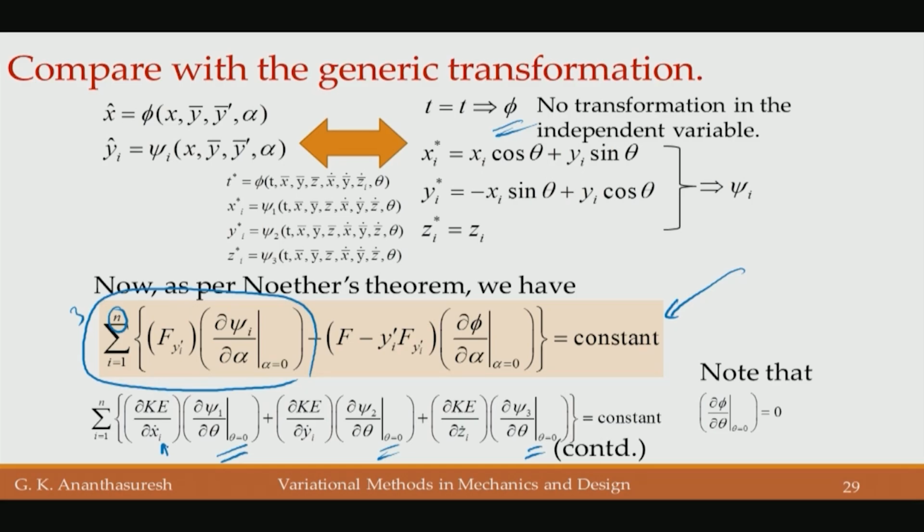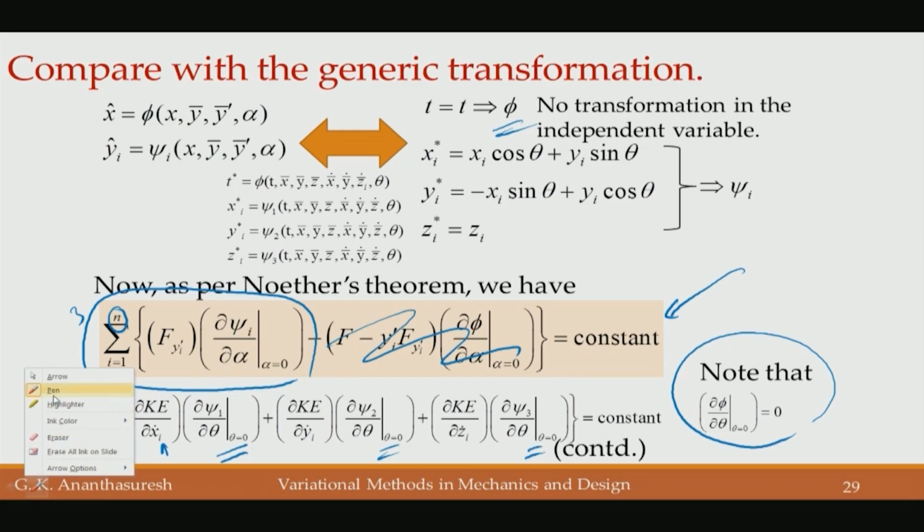When you do this, what I just said, dou f by dou theta equal to 0, because t equal to t there is no transformation really there. So, this is 0 and that is why this term will not exist here, only this.